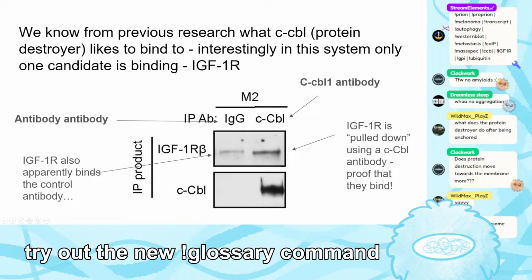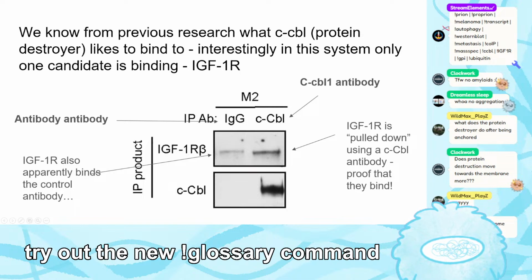So we know from previous research what CBL likes to bind to. Interestingly, in this system, only one candidate is binding, which is this receptor, IGF-1R. So this is another one of these co-IP Western blots. So let's look at our fishing rods.